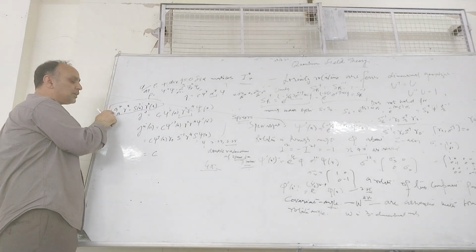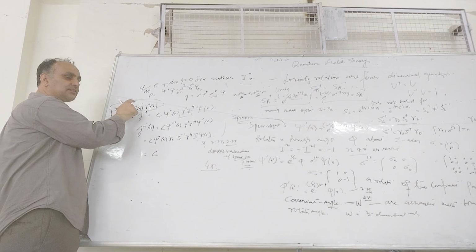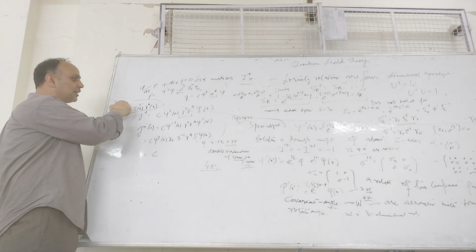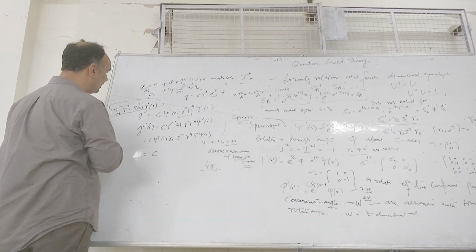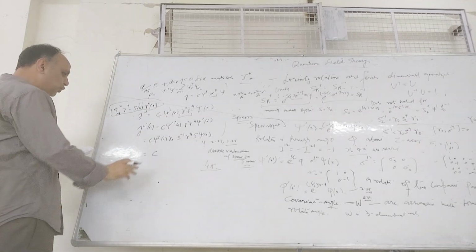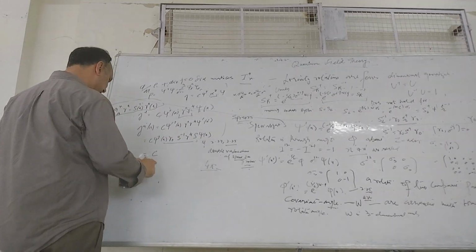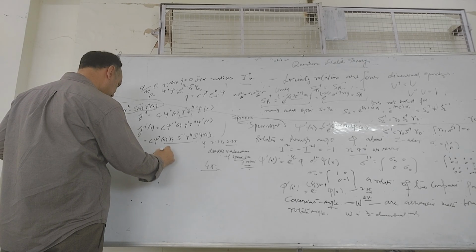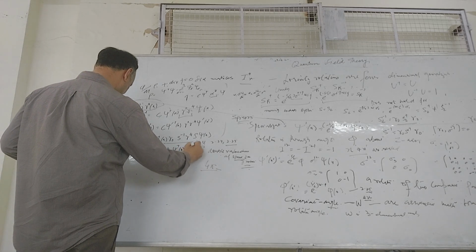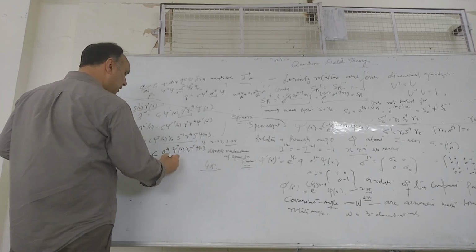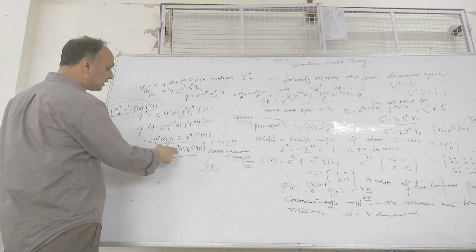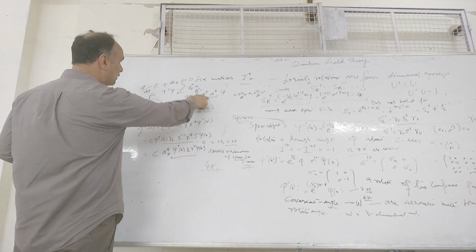So you get A mu in terms of, since this is also gamma, the mu cancels, and A mu can be related with A mu via these matrices. So you can write it like this.